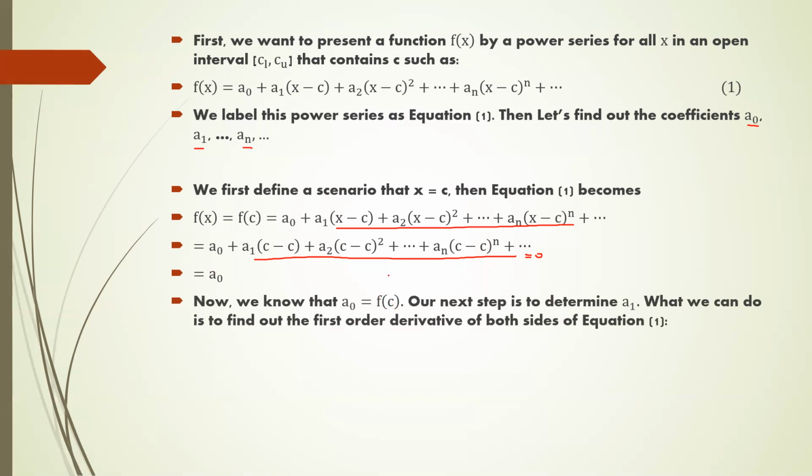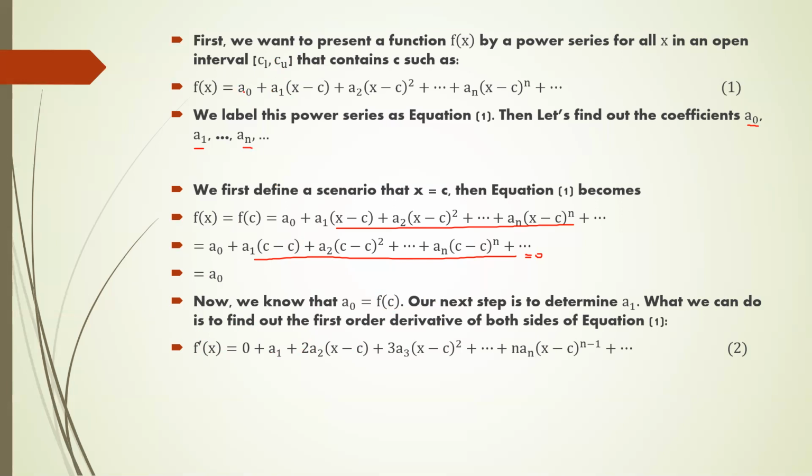The second step, to find out a1, we take the first order derivative of both sides of equation 1. So the left-hand side becomes f prime x, which basically is the first order derivative of the function f with respect to x. The right-hand side becomes like this. The reason is a0 is a constant.